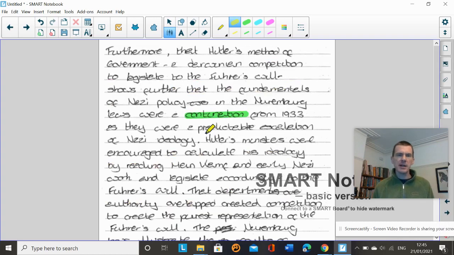And then their second continuation point. Furthermore, that Hitler's method of government, a Darwinian competition to legislate to the Führer's will. So let me just explain this briefly. Hitler's idea of government is maybe a bit controversial, but he seems to have at least suggested that rather than him picking something and telling people what to do, he would suggest an area that he might want laws written in, and he would wait to see who had the best ideas.